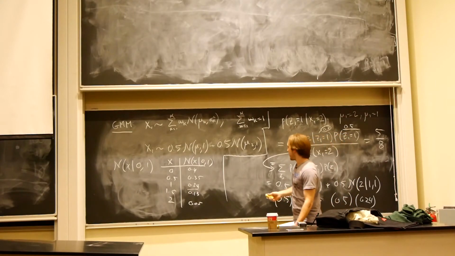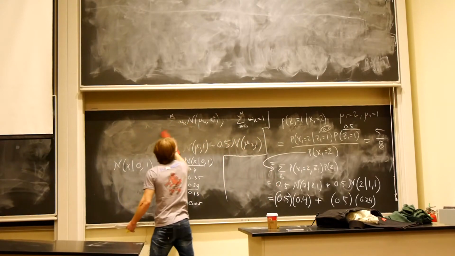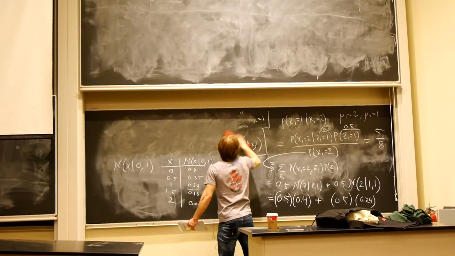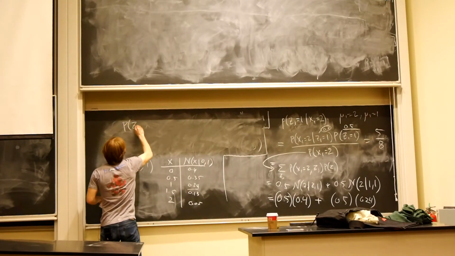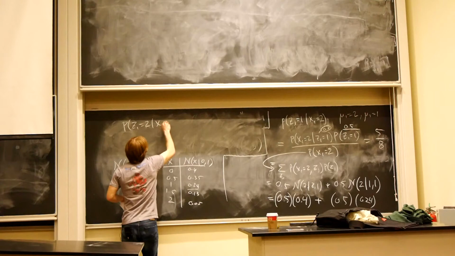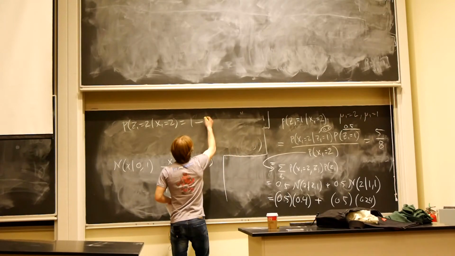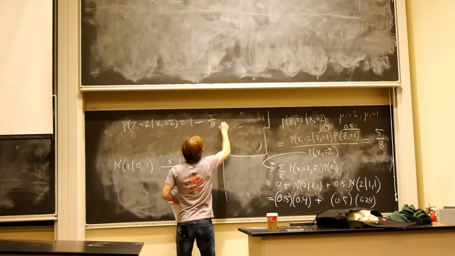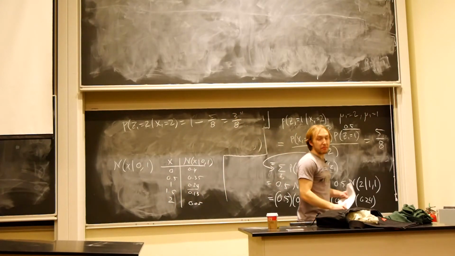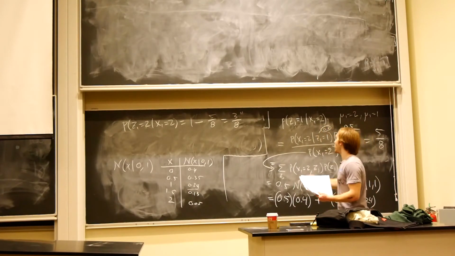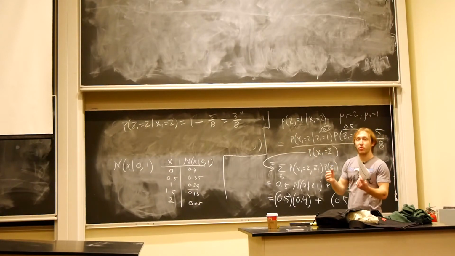So the probability that z1 equals 2, given x1 equals 2, equals 1 minus the thing we've computed here, which is 5/8, which equals 3/8. That's one way to do the problem. And keep in mind the other way: you know that these two sum to 1, so you compute the numerator for both cases and then normalize to make sure they both sum to 1.